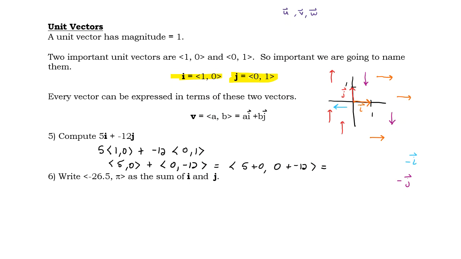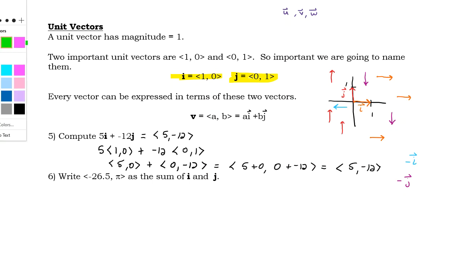And what do we get? We get the vector 5, negative 12. All right, so the vector 5i plus negative 12j has components 5, negative 12. It's just another notation that we can use.